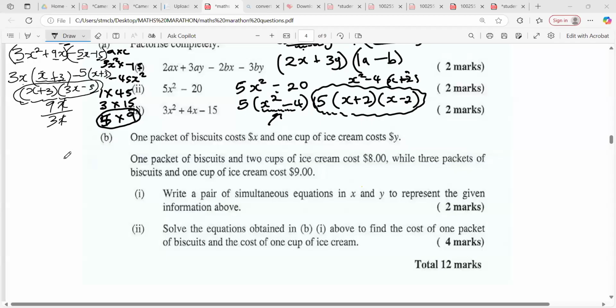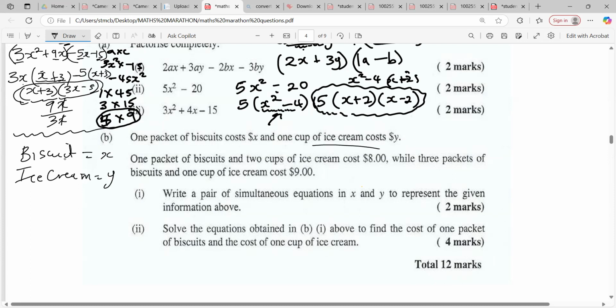Alright, so one pack of biscuit costs X dollars. So clearly they are X and Y, right? So we can just write some good notes as we go along. So biscuit equals X and then ice cream is Y. Alright.